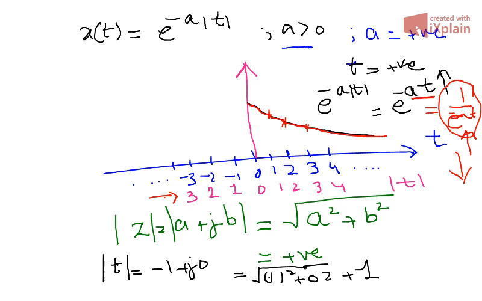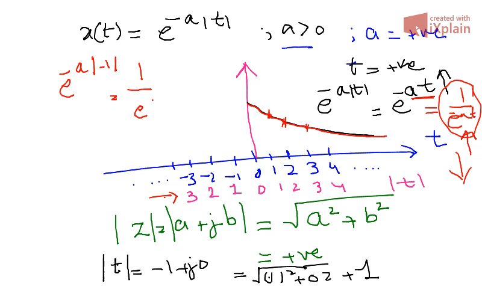If you take a negative value, for example -1, the absolute value is still +1, so you would have e raised to the power minus a mod of -1.